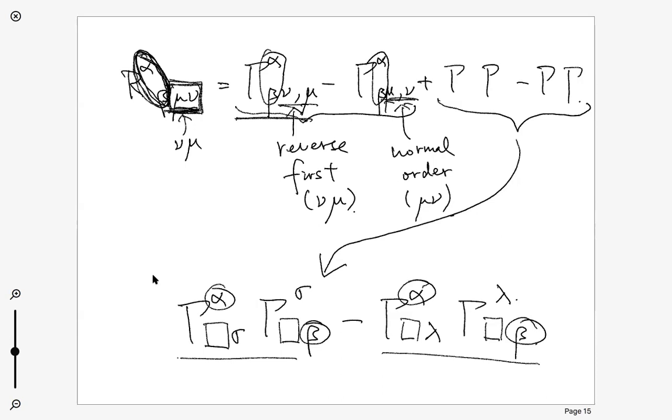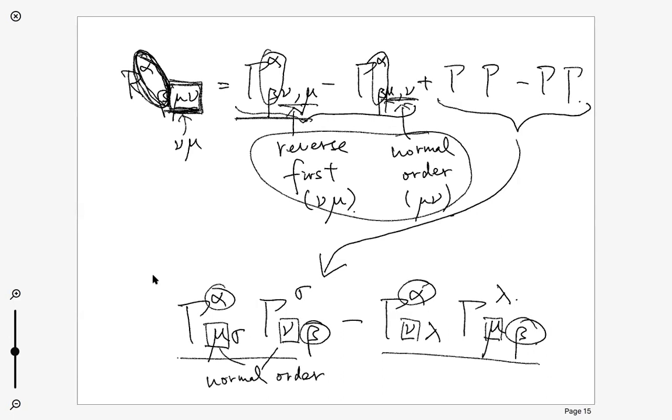And this time, in contrast to what we have just done for the first two terms, the order is actually like this: mu here, and then nu here, mu here. So in terms of the language that we have defined here, we actually have the normal order first, and then the reverse order.